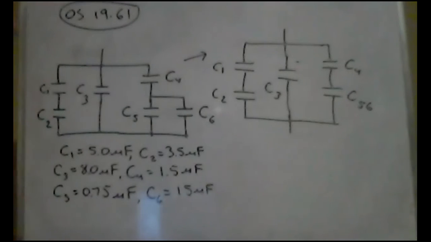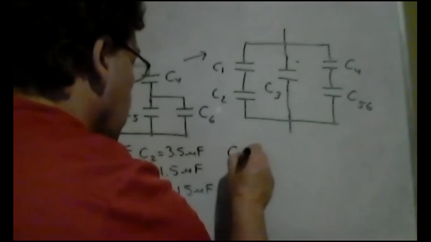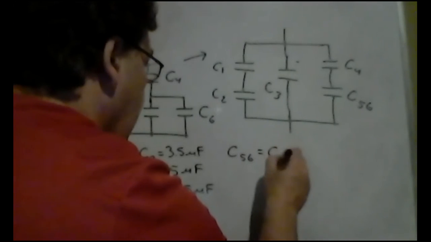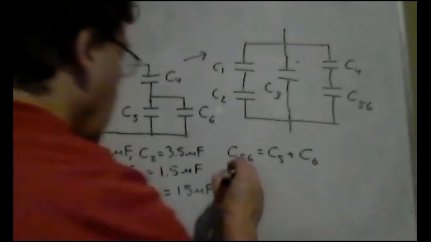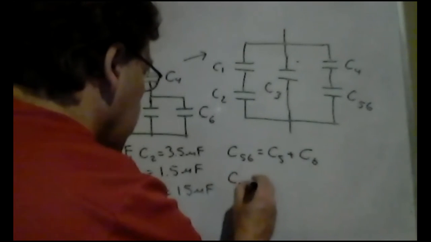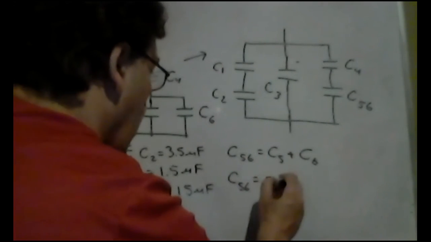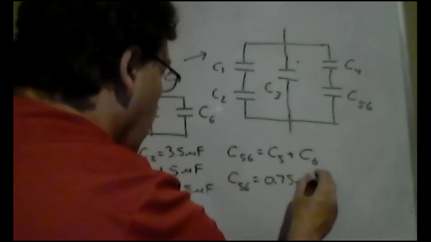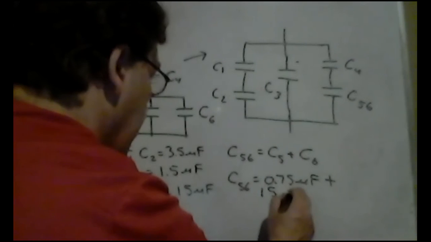All right, how do I get C5, 6? Well, again, these two capacitors are in parallel. They add up really easily, right? So for capacitors in parallel, C5, 6 is just C5 plus C6. Simple enough. C5 is 0.75 microfarads plus C6 is 15 microfarads.